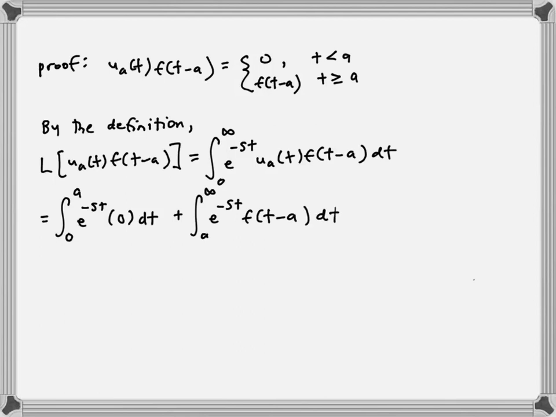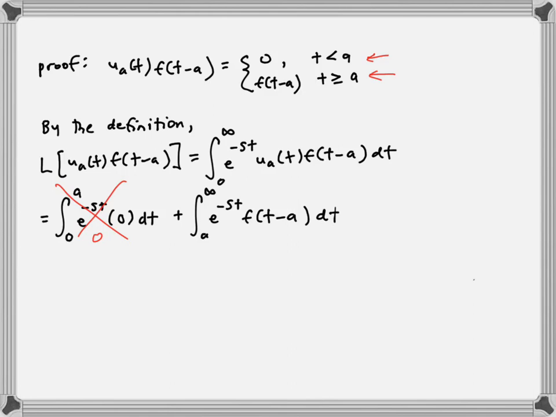So all I'm really doing is I'm using this for the first integral and this for the second integral, okay? However, this guy is just 0, right? So I don't have to worry about that because the integral of 0 is 0. So we're going to focus our attention on that second integral, okay?